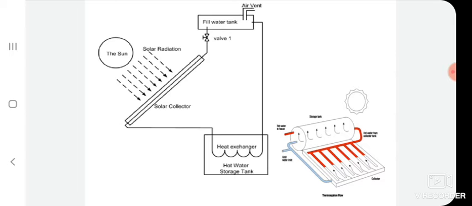As we see in this left hand side diagram, the water is coming from the water tank, moving throughout the circuit of collectors in the panel, and that water is collected into the hot water storage tank. In this way, we can use a solar water heater. One is the entering point and another is the exit point. The water enters from the filled water tank and exits to a hot water tank.